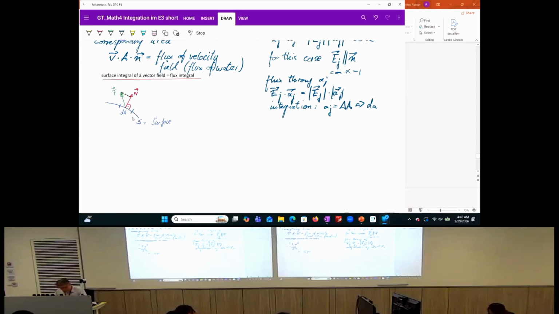You're looking onto the cut, and this area here signifies a surface element, a differential surface element. This is your normal vector, and whatever the force field or the electric field that we are looking at, you project that onto the normal vector, and that will add to the contribution of your flux integral.